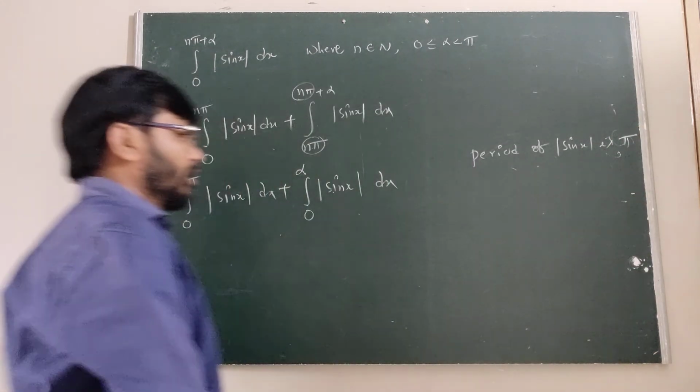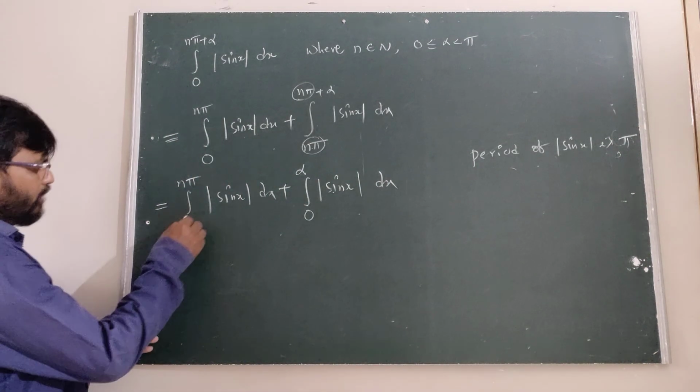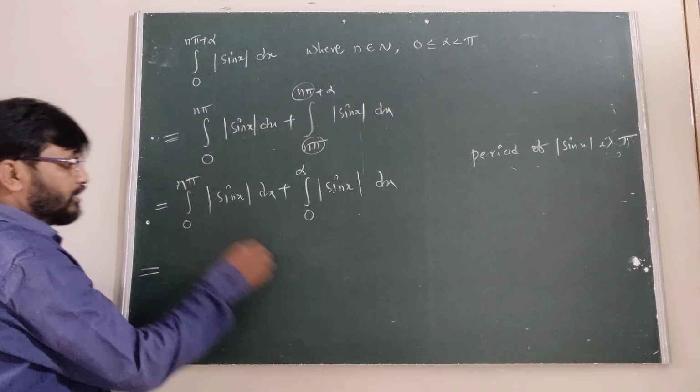The period of the mod of sin x is pi. When we know that n times T, what is the form?